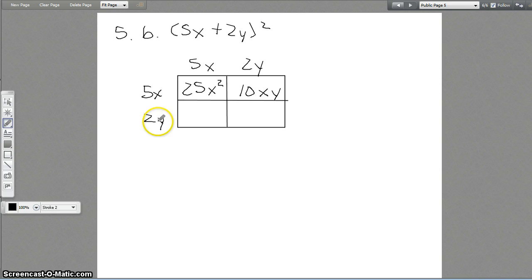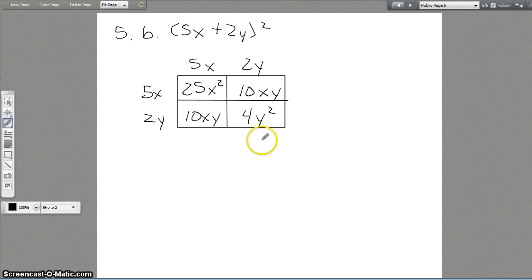Bottom left box, we have 2y times 5x. 2 times 5 is 10, and then we have xy, because remember we're going to write the variables in alphabetical order inside of one term. And then our bottom right box, we have 2y times 2y. 2 times 2 is 4. Y times y is y squared.